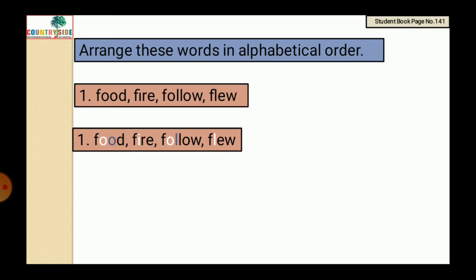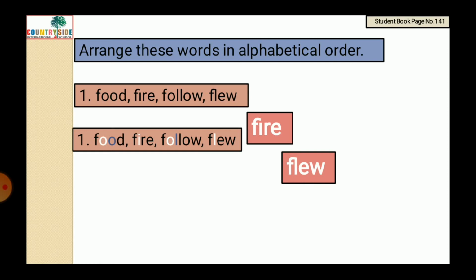Let's see, if we say A, B, C, D, E, F, G, H, I. So, the word fire should come first. Let's go ahead. A, B, C, D, E, F, G, H, I, J, K, L. So the second word would be flew.